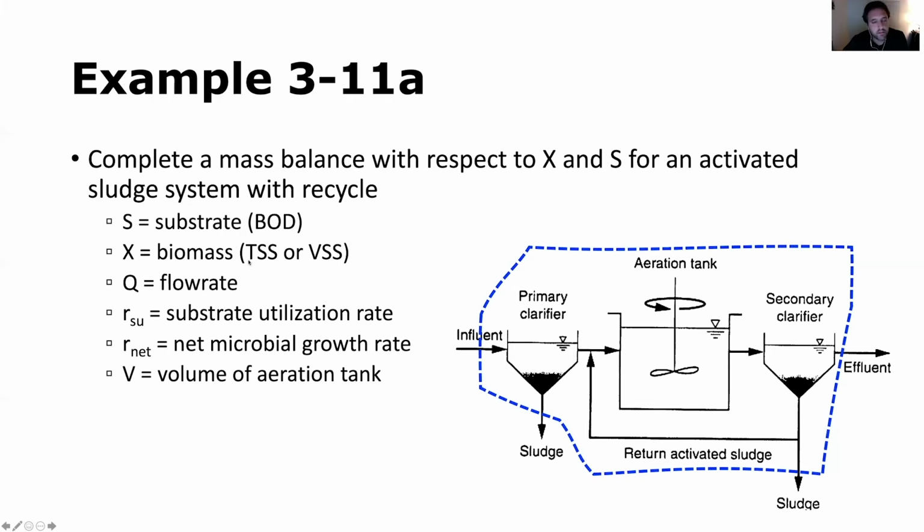Same with X, you'll see some cases where TSS is used and some cases where VSS is used. All right, so you're going to do this mass balance with respect to X and S. Q is the flow rate, RSU is the substrate utilization rate, R net is the net microbial growth rate, and V is the volume of the aeration tank.